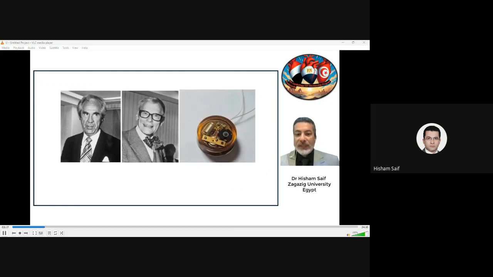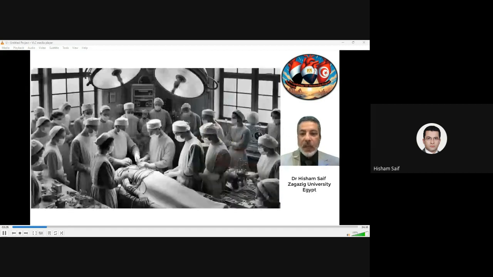The desperate young wife insistently sought Senning's assistance day and night, pleading for help for her dying husband. Eventually, Dr. Senning consented to perform surgery on Larsson. Regrettably, the pacemaker only sustained the heart's rhythm for 5 hours before ceasing to function. Several hours later, engineers devised an enhanced version of the device, which proved successful.